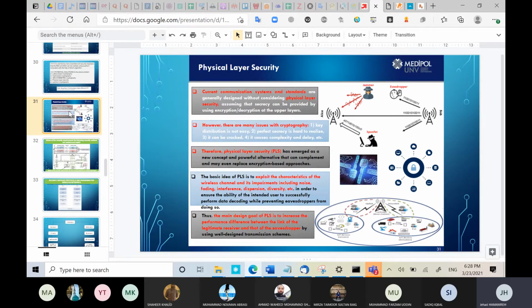For those who are familiar with wireless, they know that between the transmitter and receiver there is a wireless medium, yes? Think of the wireless medium as your fingerprint that changes based on the location of the device. For example, we cannot find two people in the world who have the same fingerprint. Is that right?